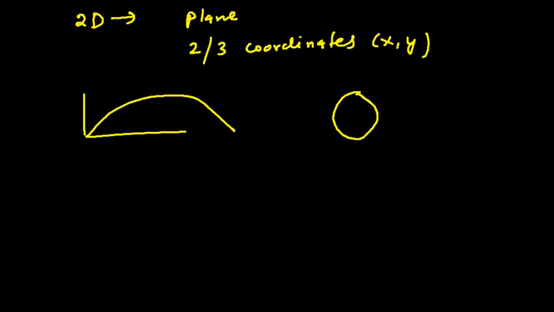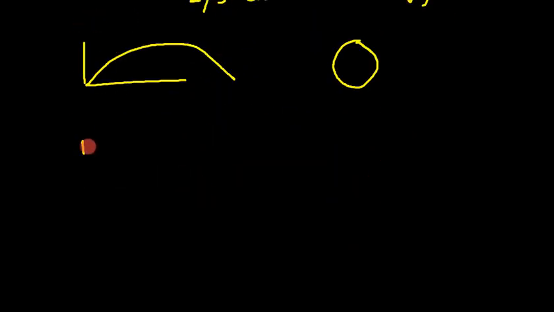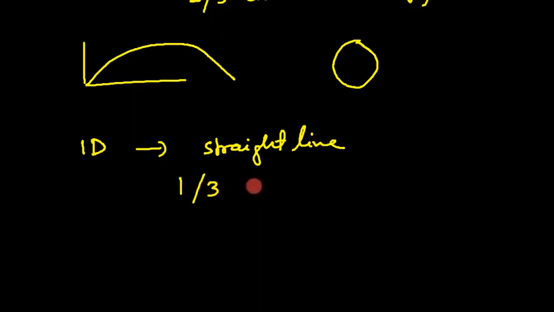Now we'll talk about one-dimensional motion. Motion of an object along a straight line is one-dimensional. Only one out of three coordinates is going to change.